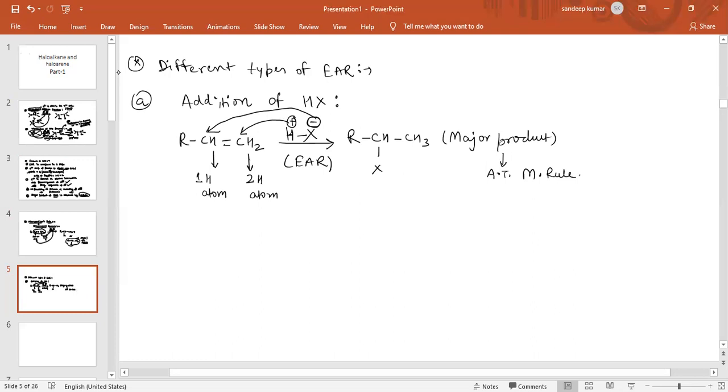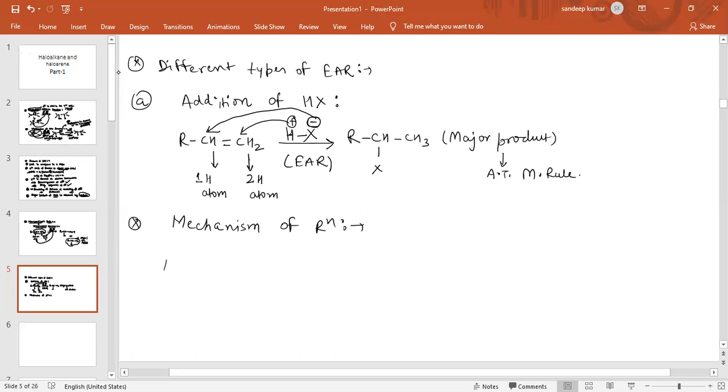Now we will see this reaction using the mechanism. What is the mechanism of this reaction?